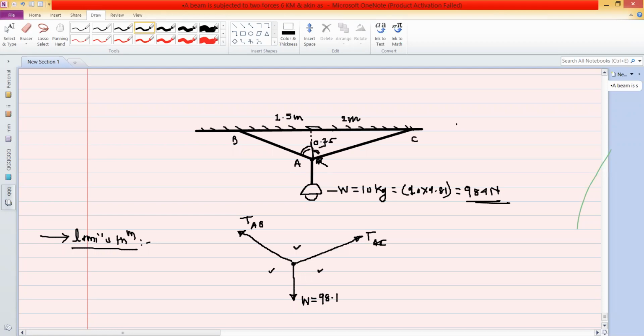So the first angle, let us take this as theta 1 and this is theta 2. So theta 1 is equal to tan inverse 1.5 divided by 0.75. So this is equal to 63.43.